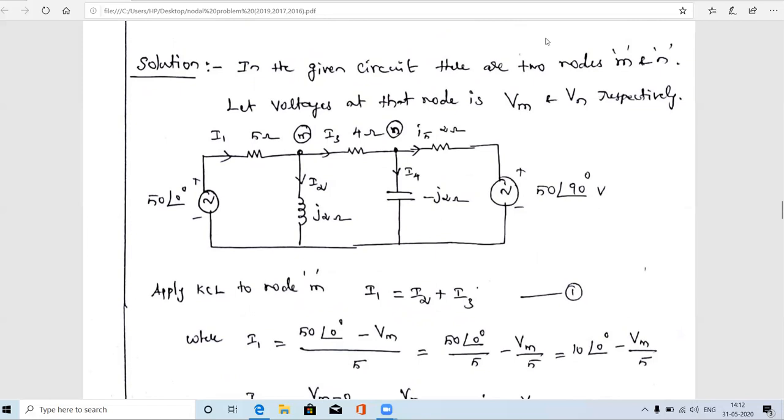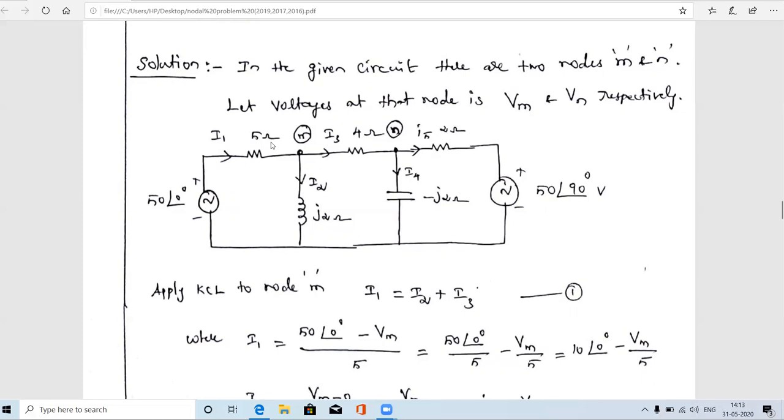In mesh analysis, we identify the number of loops or meshes, and in each loop we assume a current: I1 in the first loop, I2 in the second loop, I3, etc. Similarly, in nodal analysis we identify the nodes, give them names M and N, and assume the voltage at the first node is Vm, the voltage at the second node is Vn, etc.